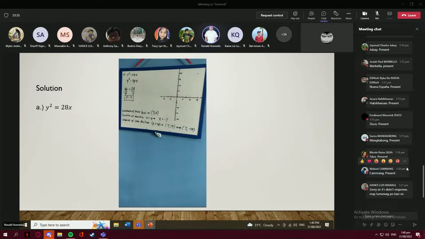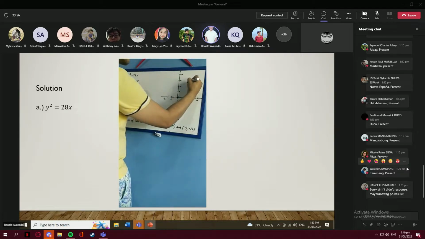So y squared is equal to 4px. The vertex is at the origin, so at 0, 0. Then, endpoints of latus rectum, 7, 14. 7, 14. So here.